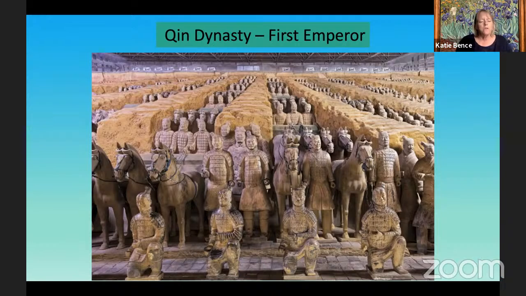He brought an end to more than 2 centuries of political and social turmoil by conquering all the rival states and uniting an area equal to about half of present-day China into an empire that he ruled ruthlessly. He built the Great Wall of China, and that ended up insulating his empire from the outside world. And then he went about unifying his people through centralized bureaucracy, standardized written language, weights and measures, and coinage.